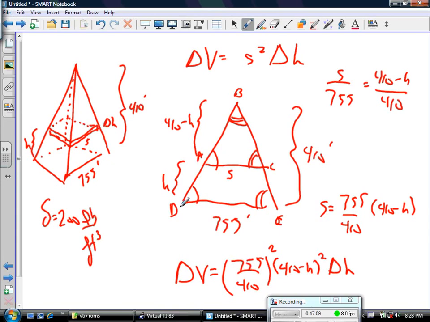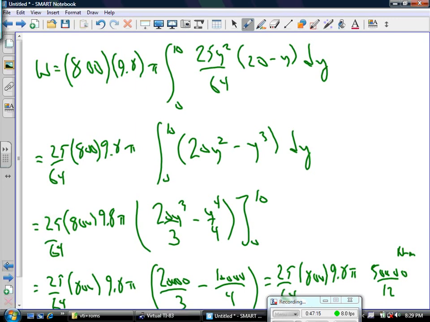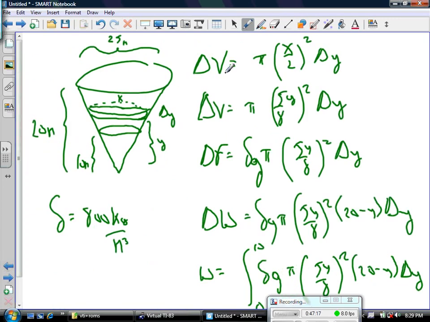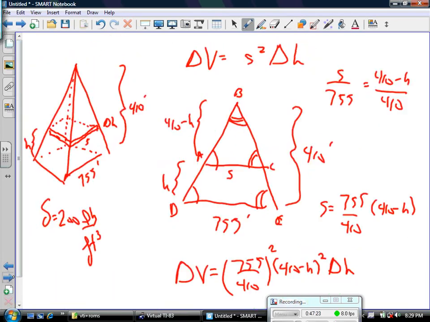Now, how do I go from there to a delta F, right? Just like before, we had a delta V, then we had a delta F, then we had a delta W, then we integrated to get W. What's your delta F? Well, what are the units of volume here? If you just made this into an integral, you would get a humongous number of whats?